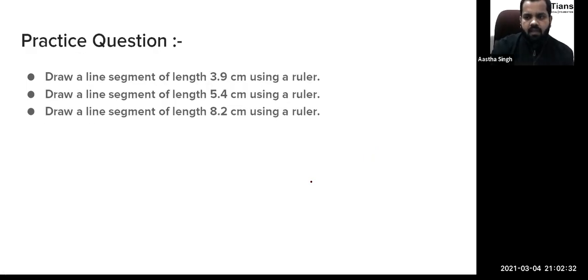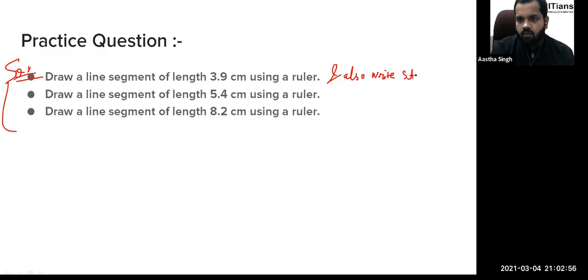Here are the questions you have to do. I'm just doing question number 1. Both the questions are the same, and you have to do them by yourself. How will you draw a line segment of length 3.9 centimeters, and also write the steps for your construction.